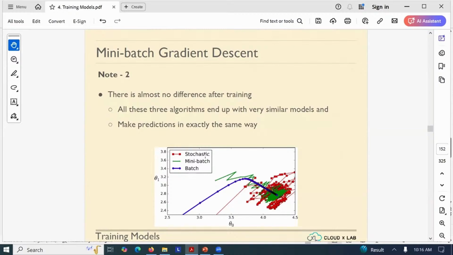Similar predictions you will get at test time, because the values of theta 0 and theta 1 are similar, right? How can we make the prediction at test time? Theta transpose x. We will use theta transpose x to get the predictions. So if theta values are similar, the predictions will also be similar, right?